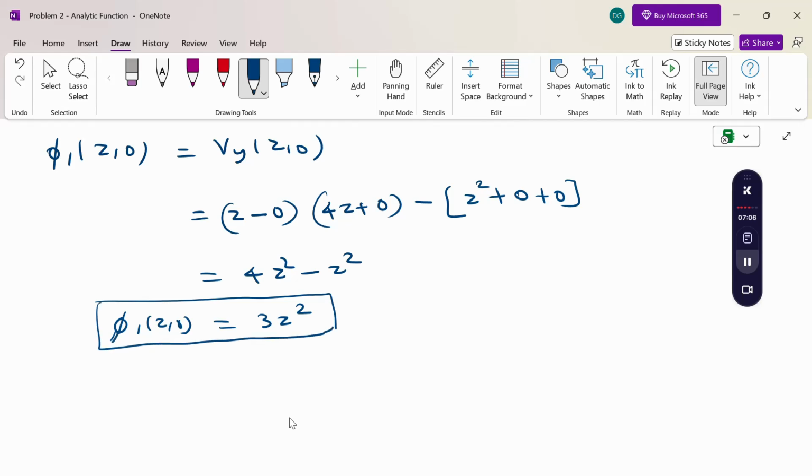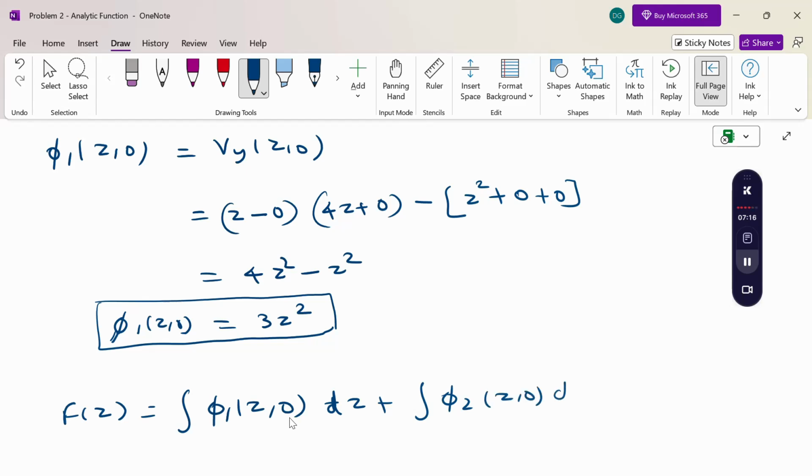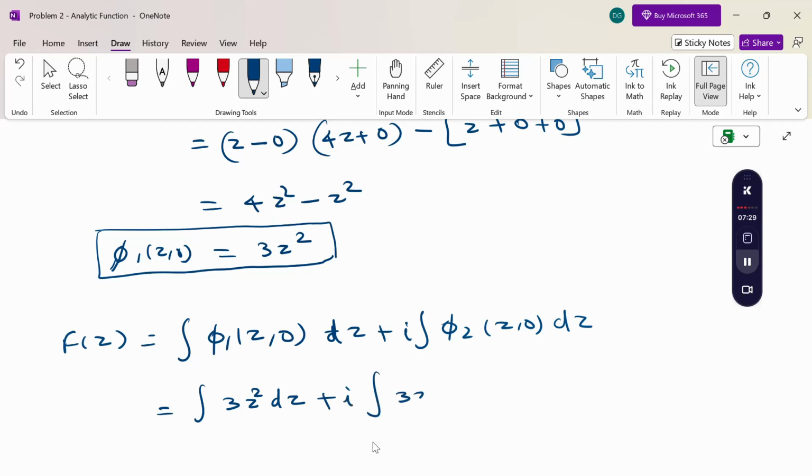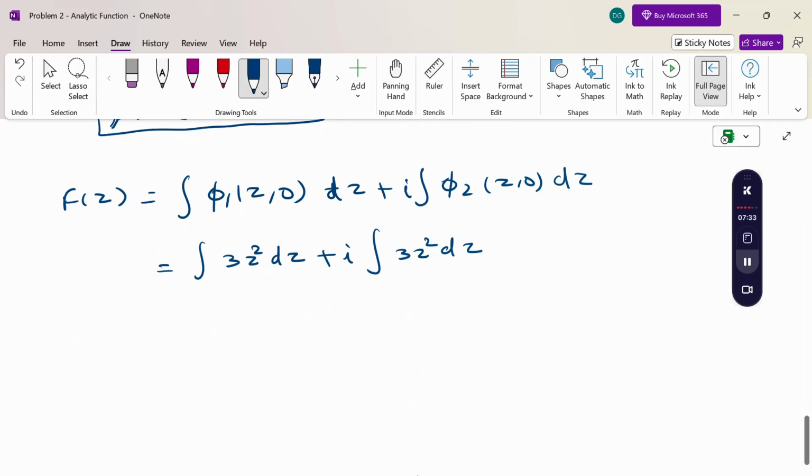Now substitute capital F of z equal to integral phi 1 of z comma 0 dz plus i into integral phi 2 of z comma 0 dz. Substituting, integral of 3z square dz plus i into integral of 3z square dz plus constant.